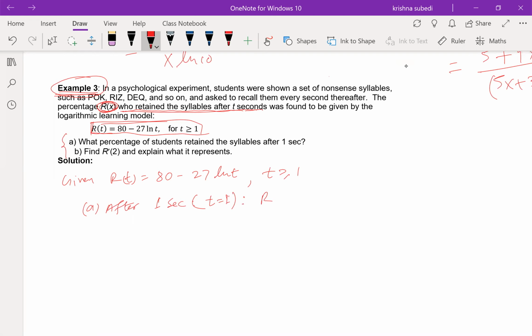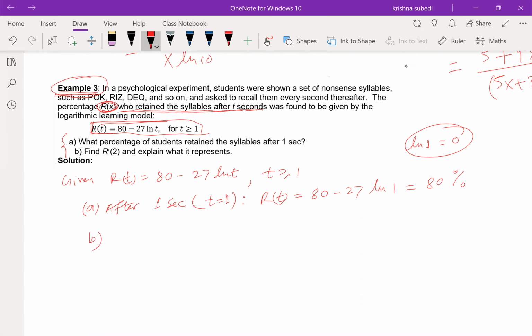Your R of 1 equals 80 minus 27 ln 1. What is that? Ln 1 is 0, we know that. So that's going to give me 80. So 80% of the students retain the syllables after 1 second.